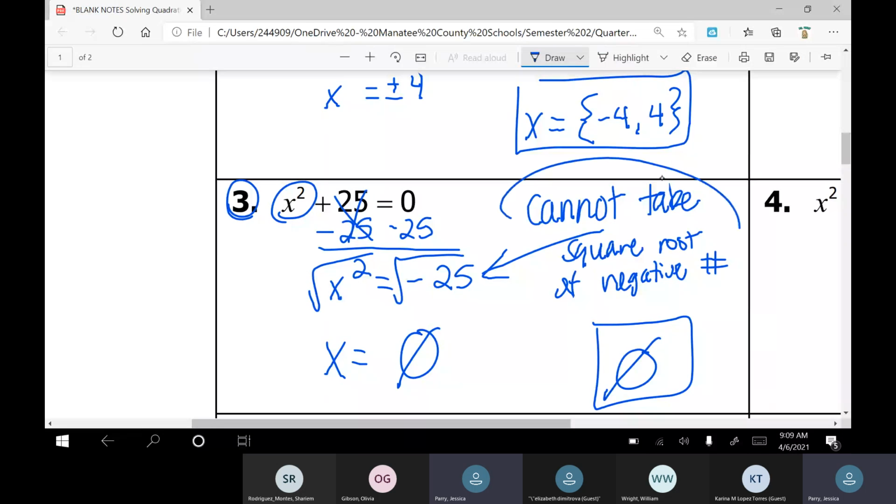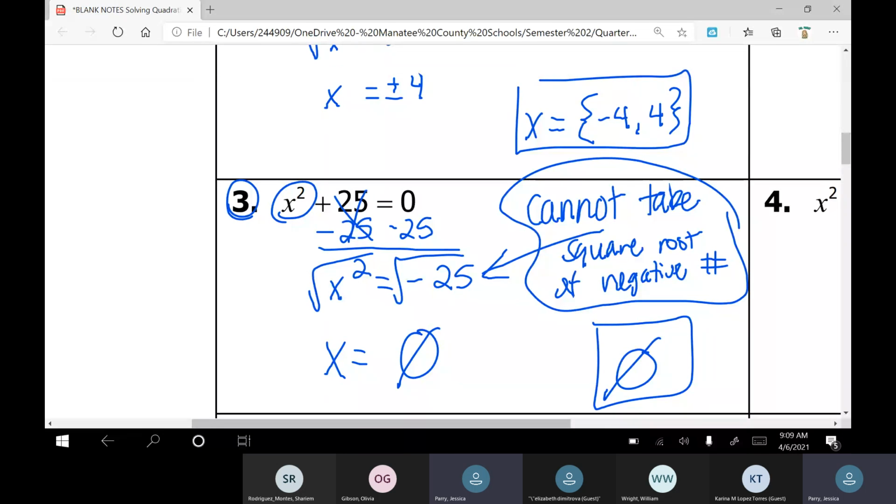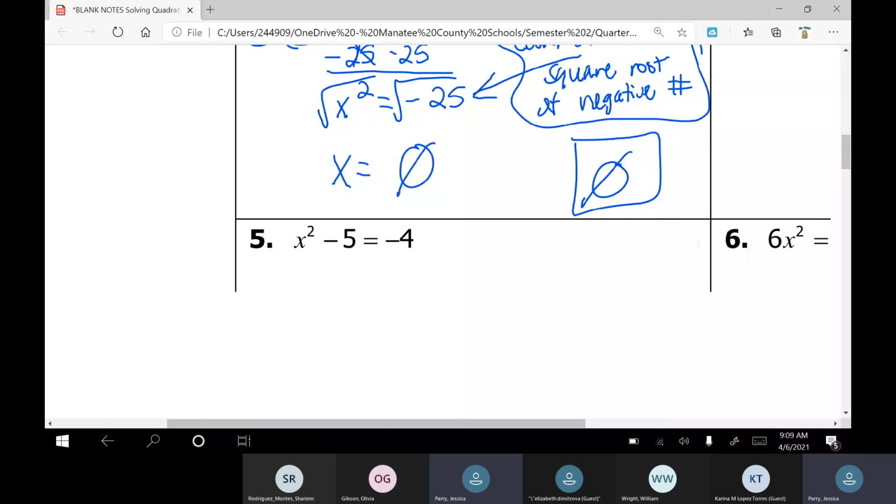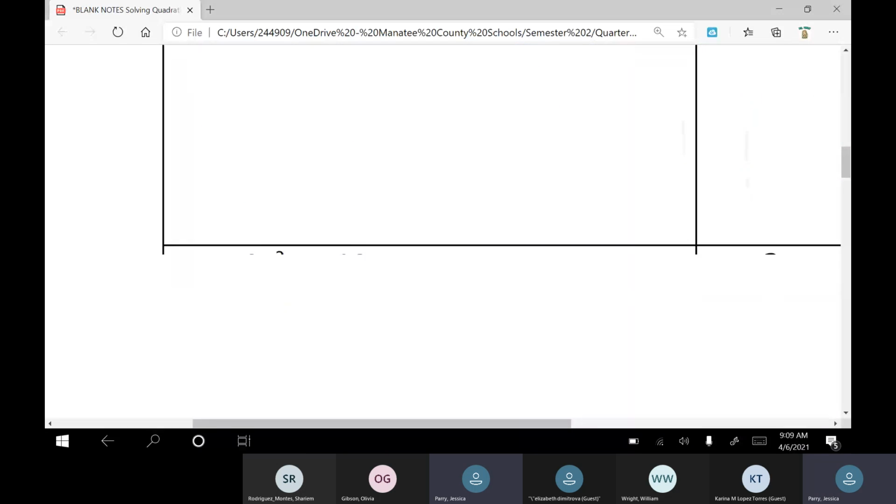So that is why the answer for number 3 is no solution. Sometimes you'll get that, but for most of these today, you won't. I don't think you'll get very many no solutions. But let's do another one here. I'm going to skip that one.